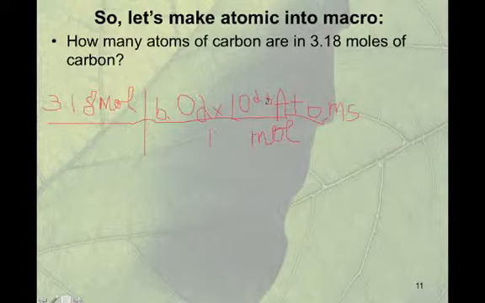Now when you go ahead and cancel your unit and then you get your calculator out, you're going to put this in by putting 3.18 times 6.02, hit your exponent key. Don't do times 10, remember. Hit your exponent key and put in 23 and equals.